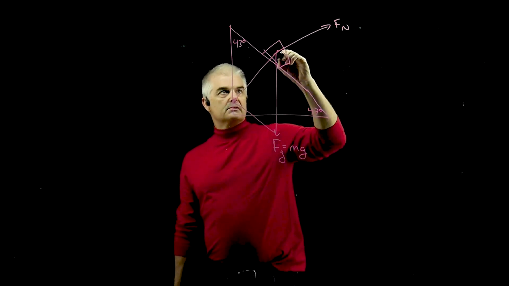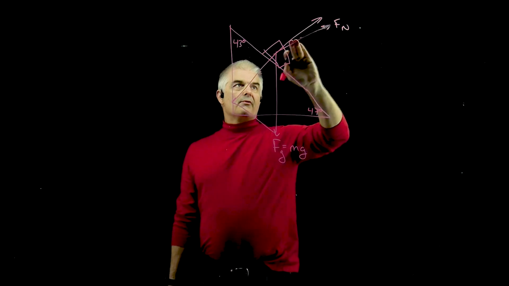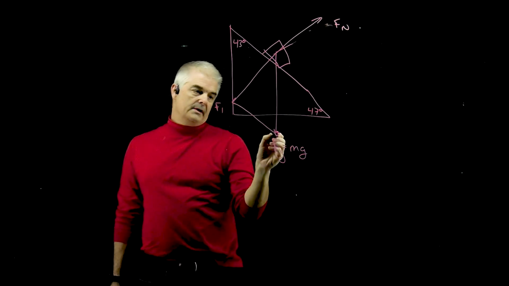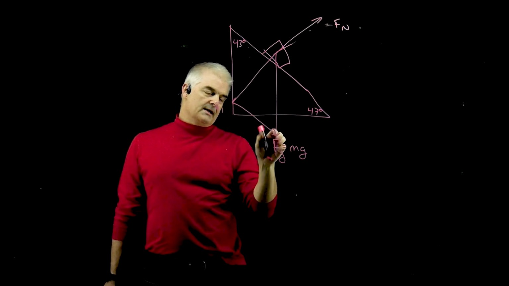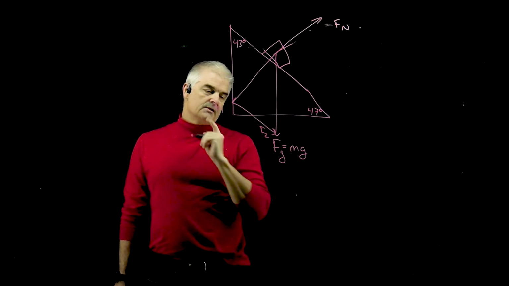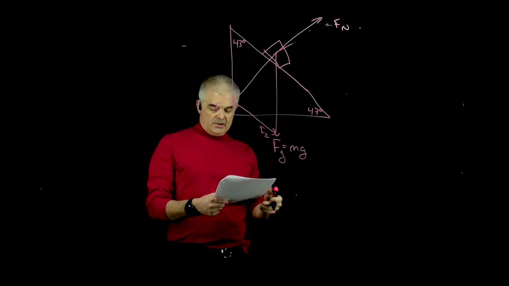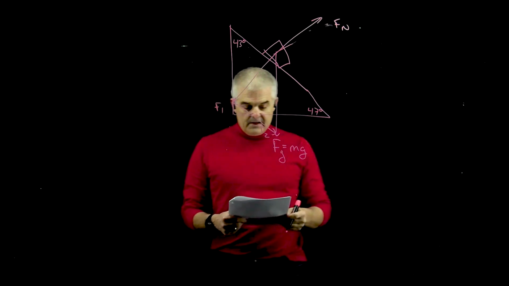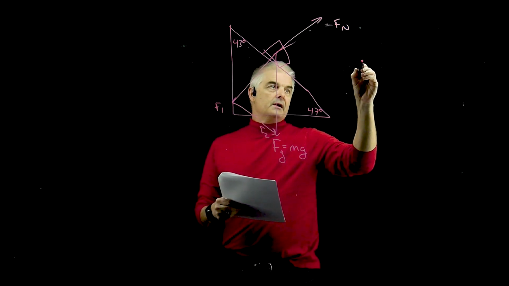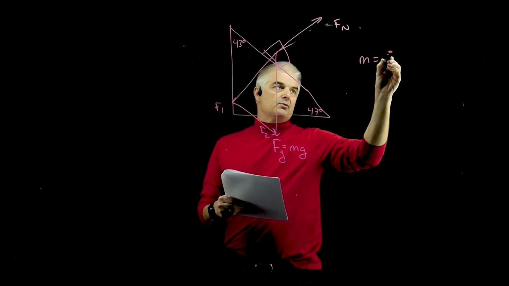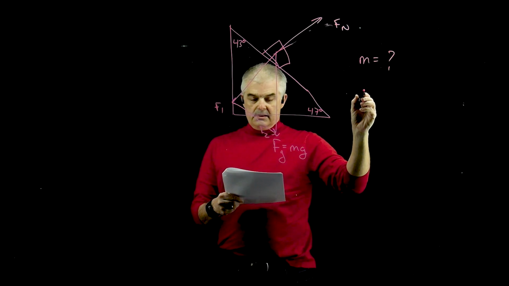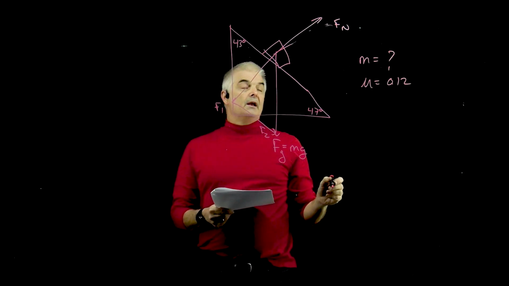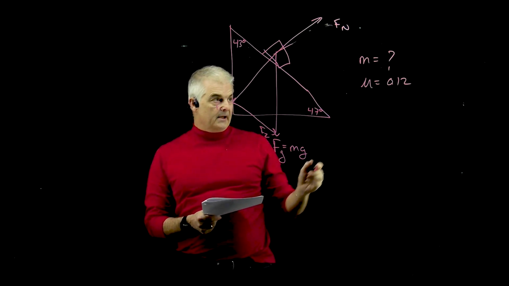This would be like this. That's the normal force. We'll call this F1. And then the force going downward is F2. Make sense? So the question is what is the acceleration? And we also know that the mass equals question mark. The mu we know to be 0.12, and we know the angle.